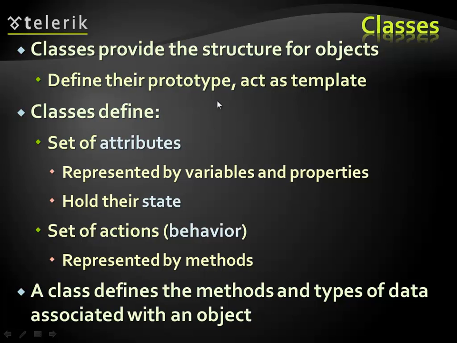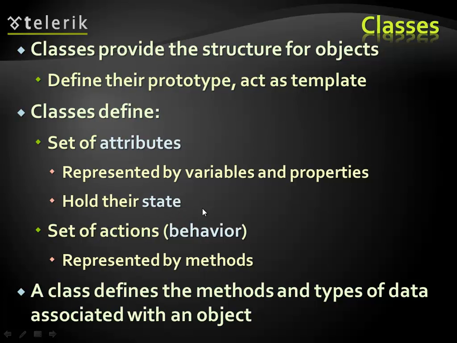So the classes define which properties our objects will have. We'll see how they can have certain attributes, which are usually referred to as fields and properties, which are variables inside the class.